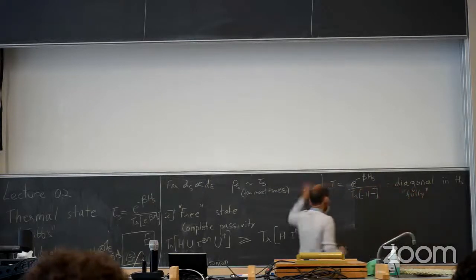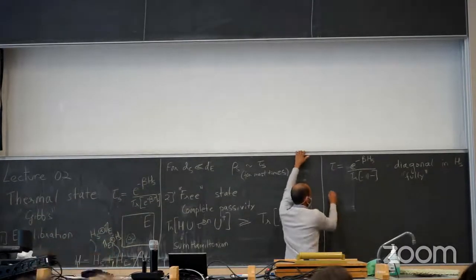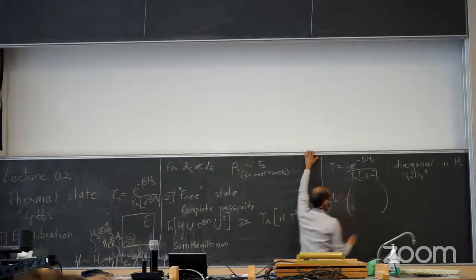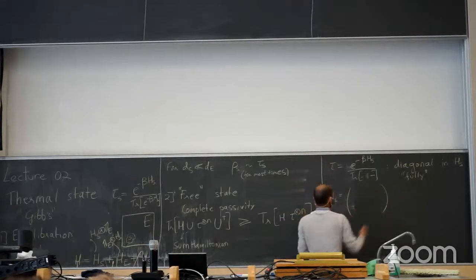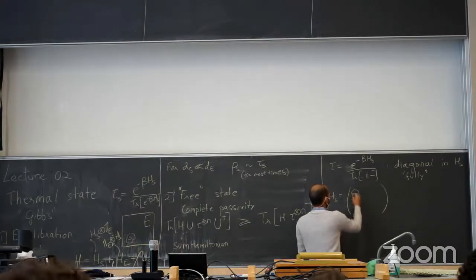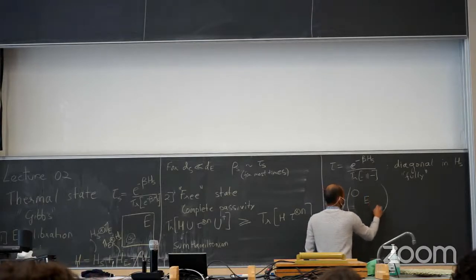So in general, my Hamiltonian, when I write it in the energy eigenbasis, is some diagonal matrix. So imagine I take the example that I was using the other day. I have three states. The first state is a ground state, so it has zero energy, and the two states after have the same energy.